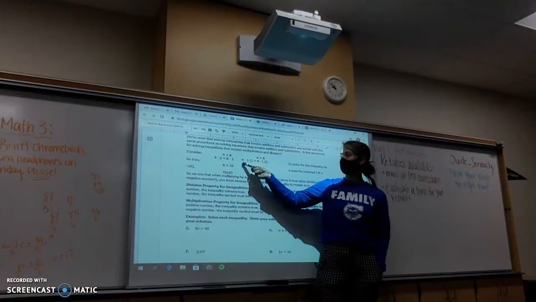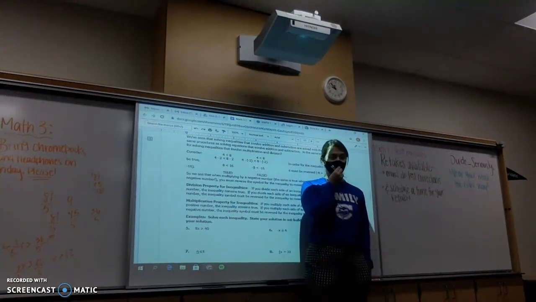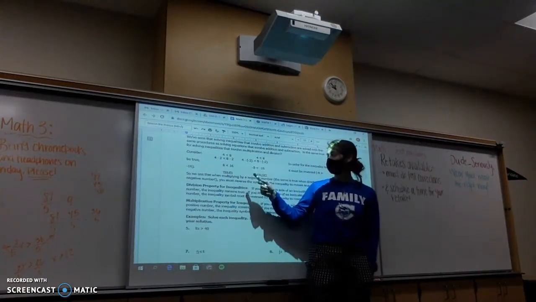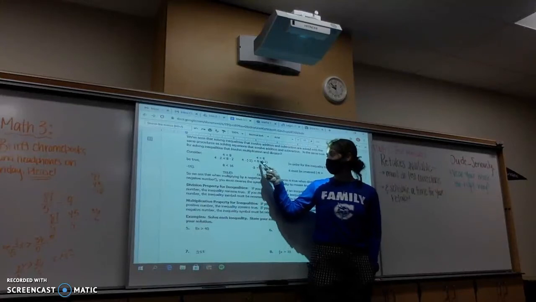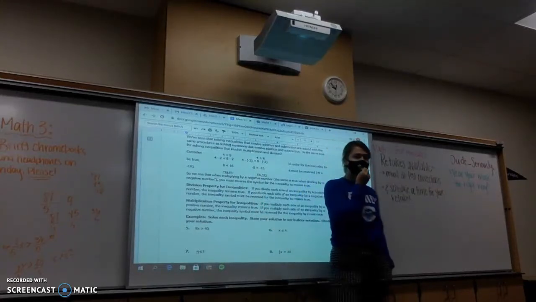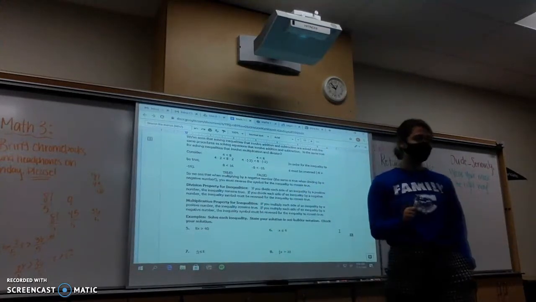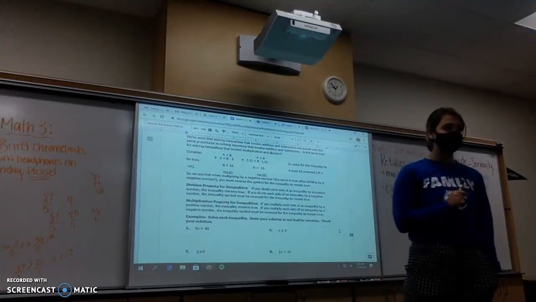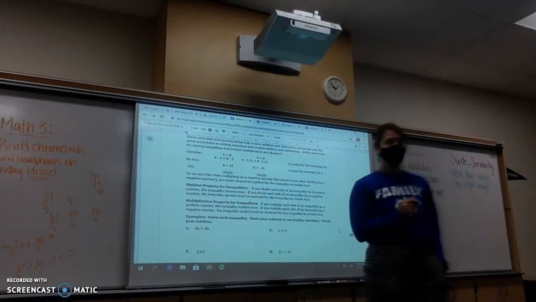What about if we multiply by a negative 2? So we get 4 times negative 2, which is negative 8, and then we get 8 times negative 2, which is negative 16. Is negative 8 less than negative 16? Likely you're shaking your head no. So that's false. So we have two properties that we do when we multiply and divide.